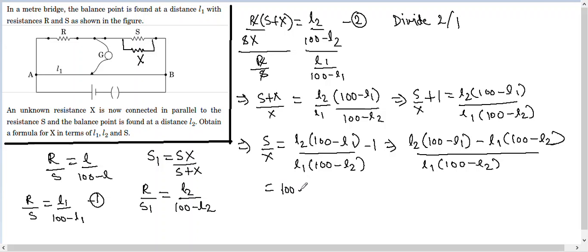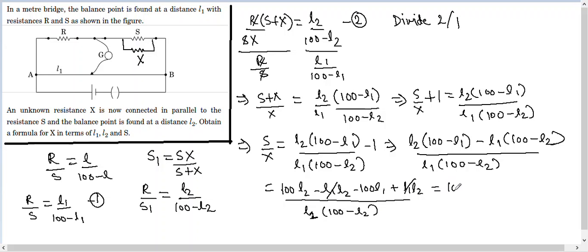So it can be written as 100 L2 minus L1 L2 minus 100 L1 plus L1 L2, and here we are having denominator L1 into 100 minus L2. So we can see here that this is getting cancelled, and then 100 we can take common, so 100 into L2 minus L1, upon L1 into 100 minus L2.